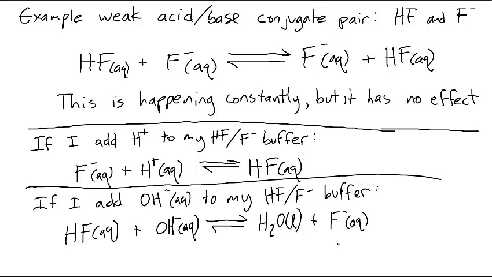In any biological solution, HF and F minus would be a terrible buffer solution to choose because it would have all these negative effects. So that is another consideration. When you choose a buffer, you ask, what weak acid, weak base conjugate pair can I select that will not have other negative consequences? Definitely.